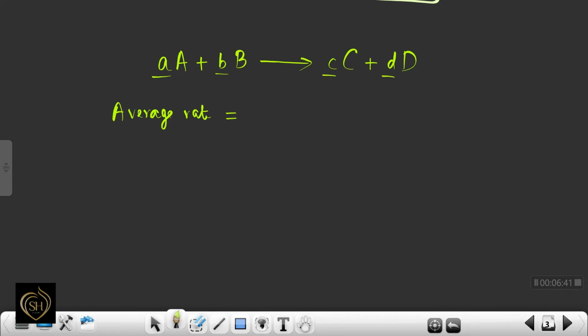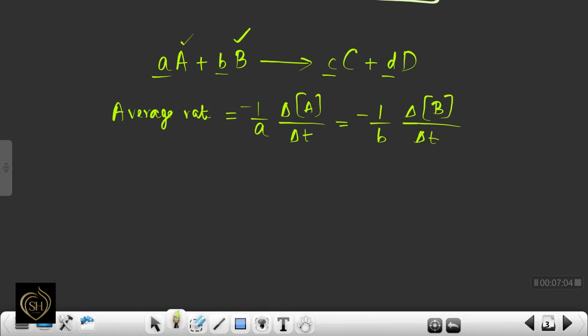So the average rate is equal to minus 1 by a, that is the rate of disappearance, delta concentration of A divided by delta t, which is equal to, here the reactants are A and B, also minus 1 by b, change in concentration of B divided by delta t, and which is equal to, here the coefficients are small letter c and small letter d, and the products formed are C and D. So the rate of appearance of the products is 1 by c, delta concentration of C divided by delta t, which is equal to 1 by d, change in concentration of D divided by delta t.